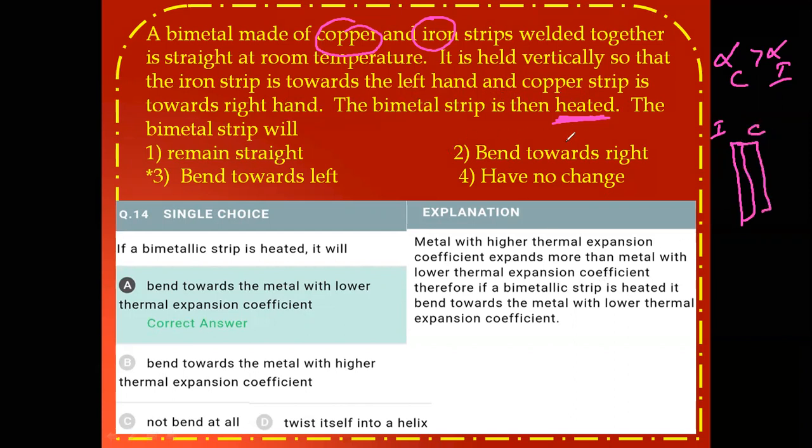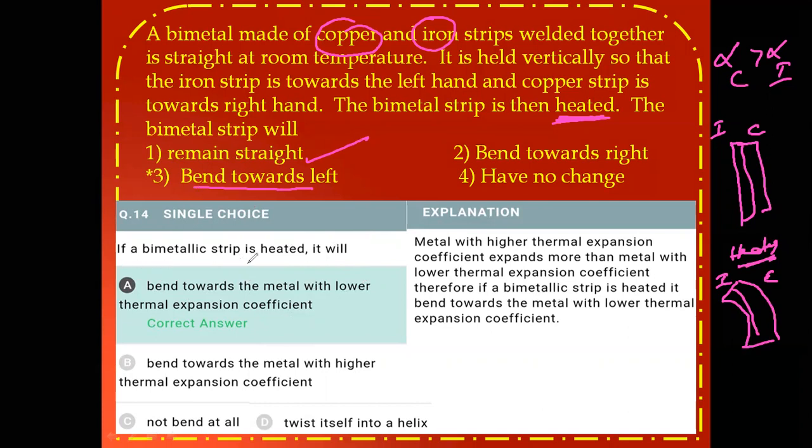The bimetallic strip is heated, so the bimetallic strip will bend. You already know alpha of copper is greater than that of iron. So copper will be on the convex side. This is the nature. So copper will be on the convex side, and it bends toward the left side.